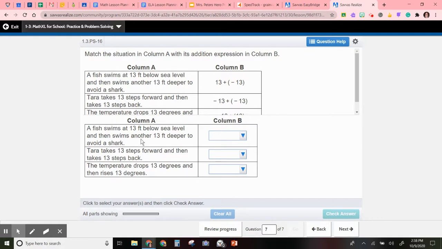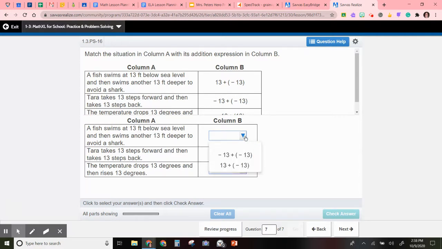A fish swims at 13 feet below sea level and then swims another 13 feet deeper to avoid a shark. We're going to show 13 feet below sea level by starting with negative 13, right? Because 0 is the level, and if you're below that level, then it's a negative number.